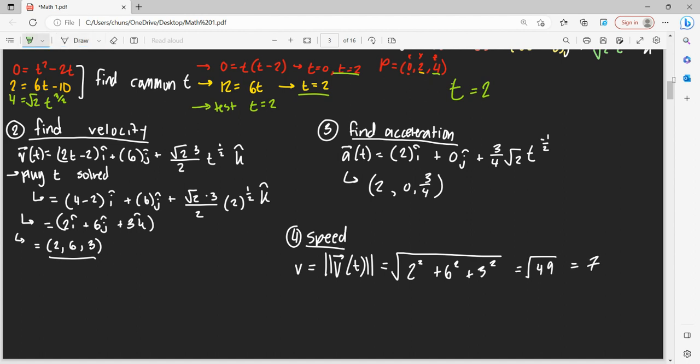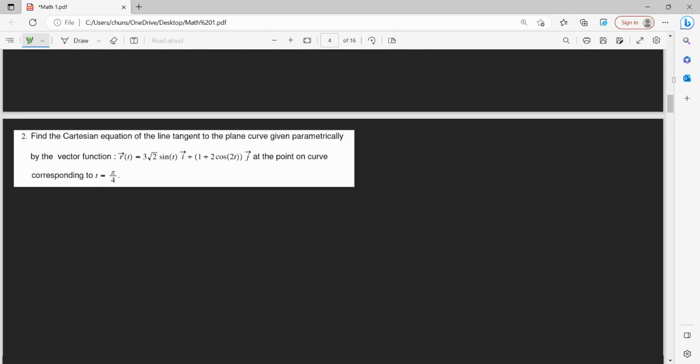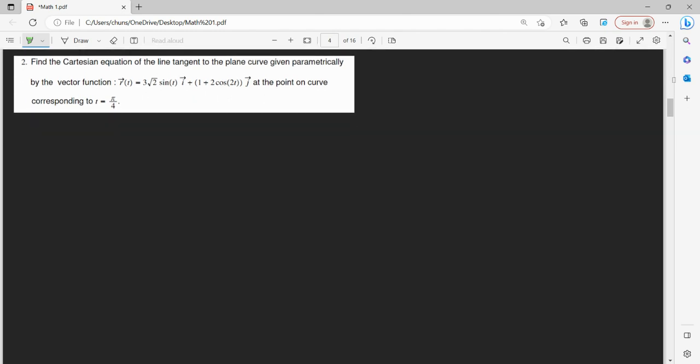Right, so those are our answers here for acceleration and for speed. So that was a nice and easy example.